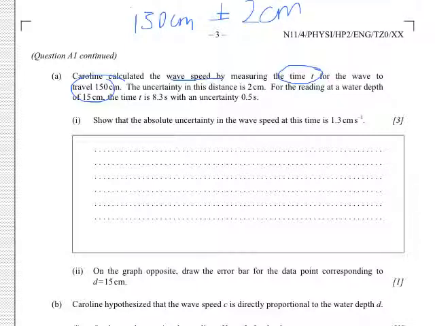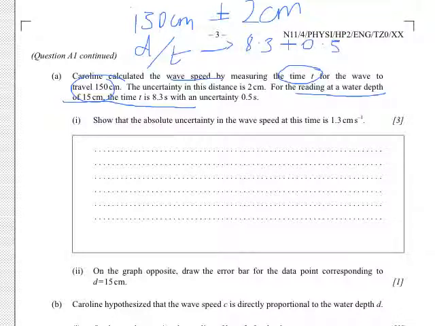Speed is distance divided by time, so we need the time. For the reading at a water depth of 15 centimeters, the time t is 8.3. So there you have your time, 8.3, and that time has an uncertainty of 0.5.